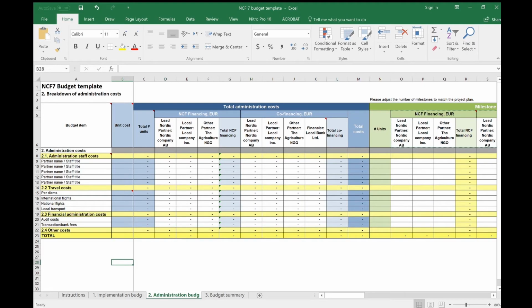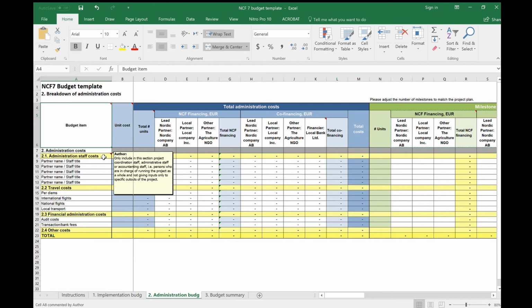The budget items are, however, different than for the implementation budget. The budget items are divided into 4 budget headings: administration staff, travel, financial administration, and other costs related to the project administration. Do not add any other headings to the administration budget.